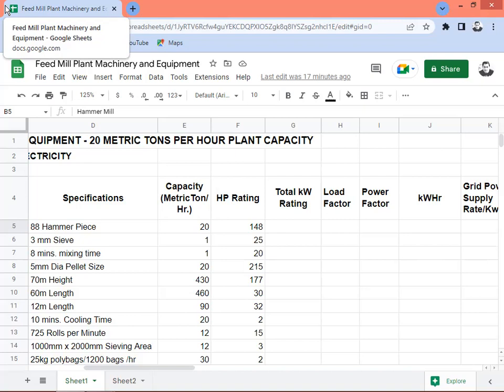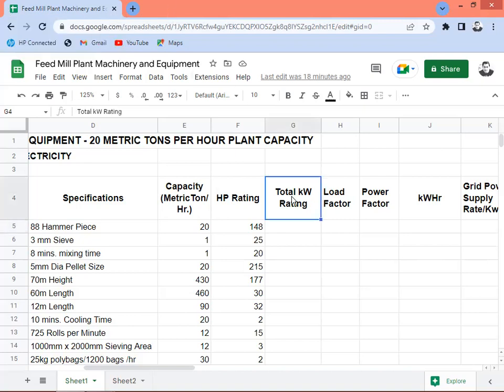So there is a money rate equivalent to the kilowatt hour rating. So we're going to calculate the kilowatt rating of this equipment, then include the load factor, which I'm going to explain later, and also the power factor, which I'll also explain later.